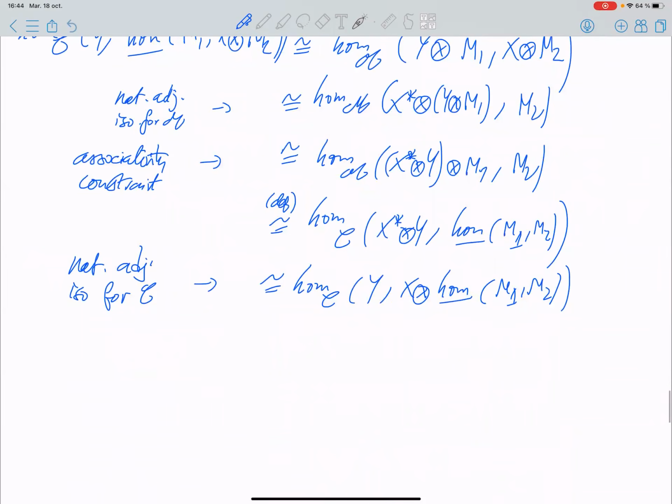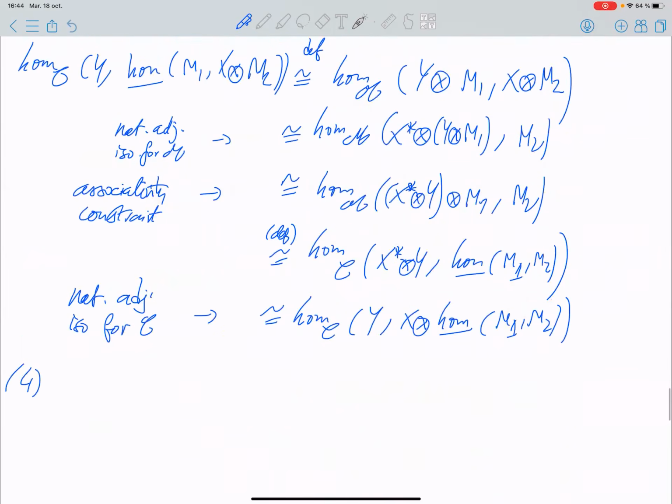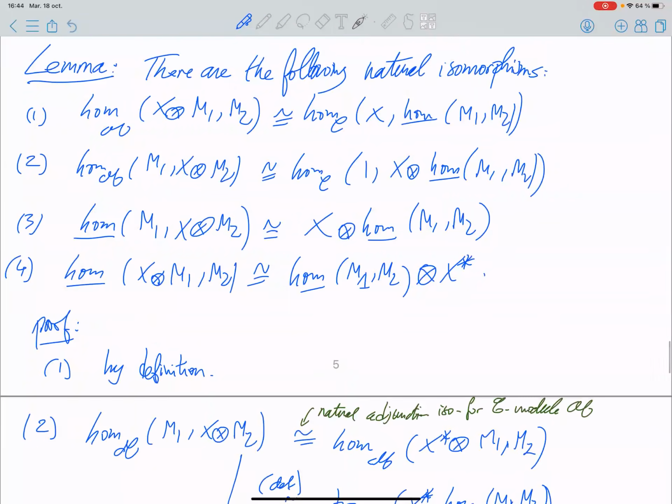Okay, so the last point, as you see, is the same as this one. So this will be proved by the same strategy.